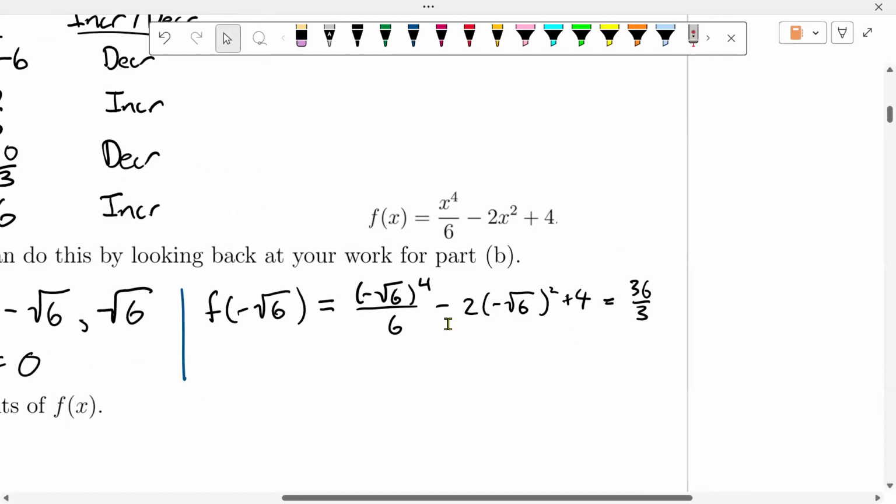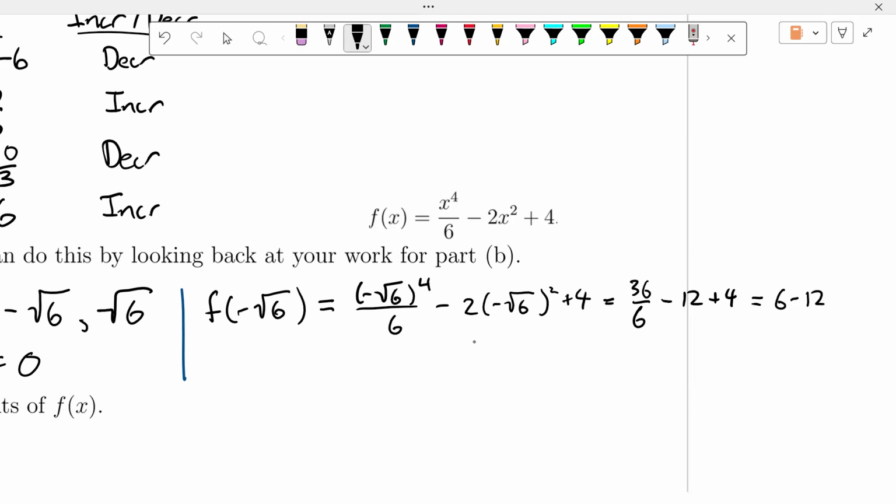Here I'll have a -2 and this -√6 squared, so I'll get a -12 and then a +4. 36 divided by 6 is just 6. So I'll get a 6 minus 12 plus 4. And so what I get is -2.